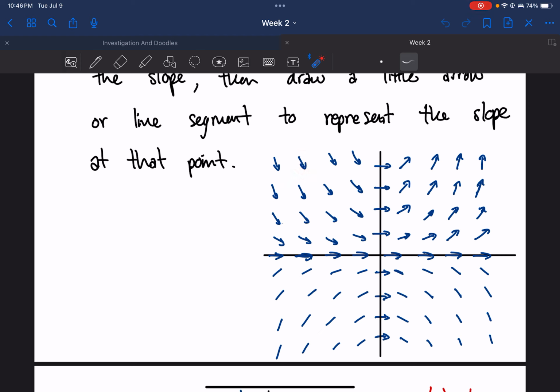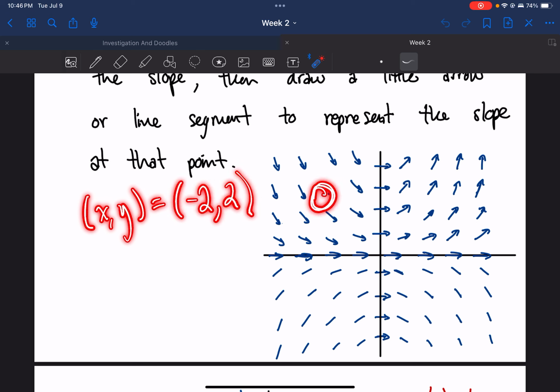Okay, let's take a point in the second quadrant. Let's take the point x comma y equals -2, 2. That's this point here. And let's plug that into f.